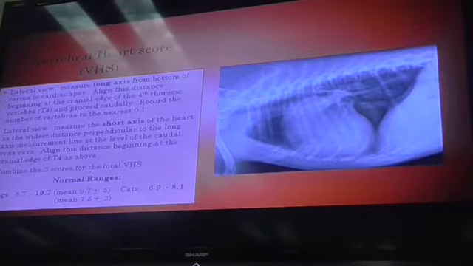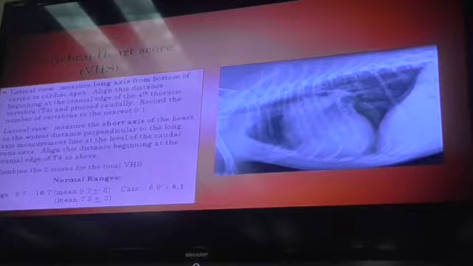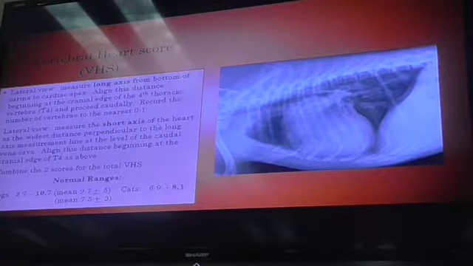And it consists of a couple of steps. When you're looking at this lateral view, this is when we use it, and this is why knowing your anatomy is important. You want to be able to identify where the carina is, where the caudal vena cava is, where the apex is, and where the cranial margin of the heart is, okay?